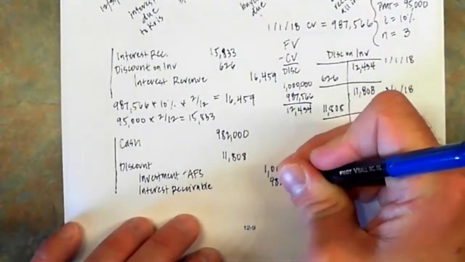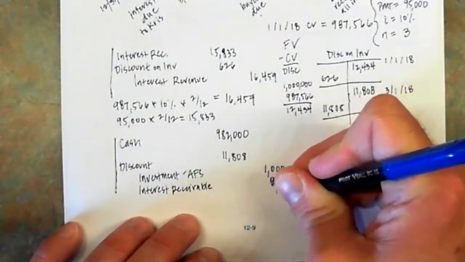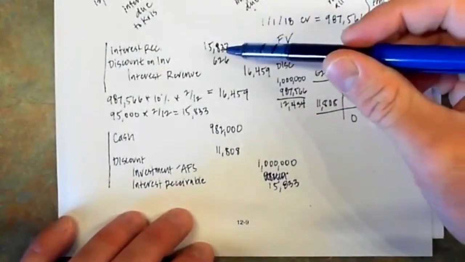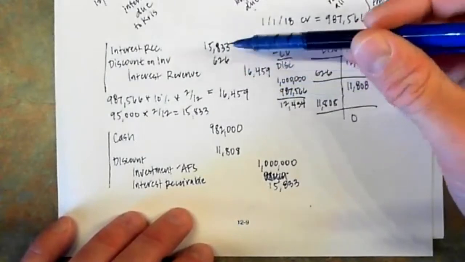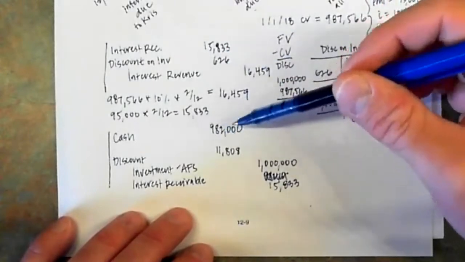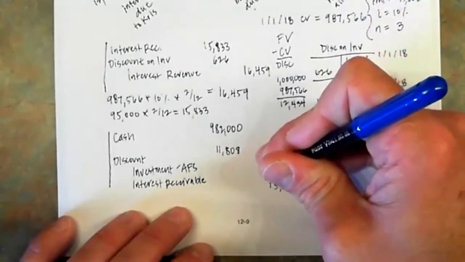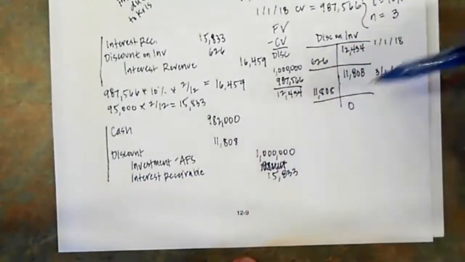Because otherwise, oops, I just wrote 982, 15,833. Otherwise, if you had recorded this as cash, you would have already been paid for this amount and you might have double counted cash. So be careful with that. First, it's interest receivable, then you wipe the interest receivable out with a credit.